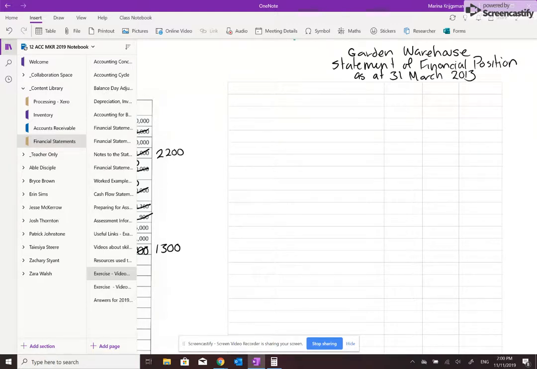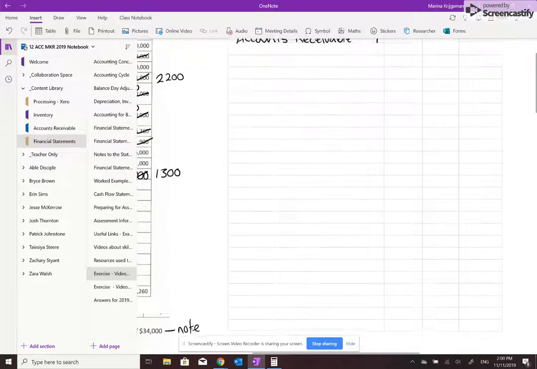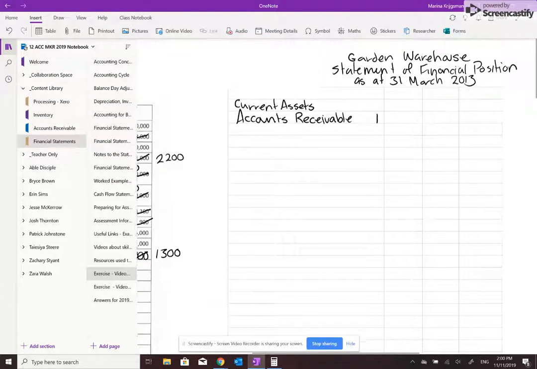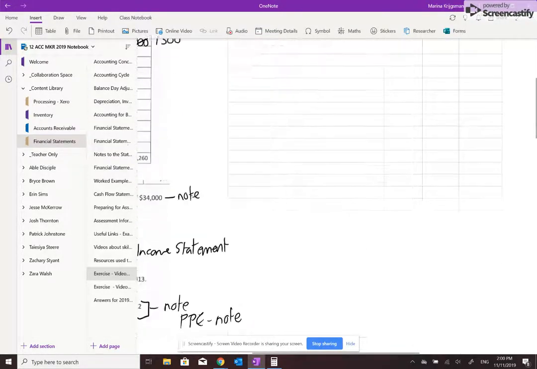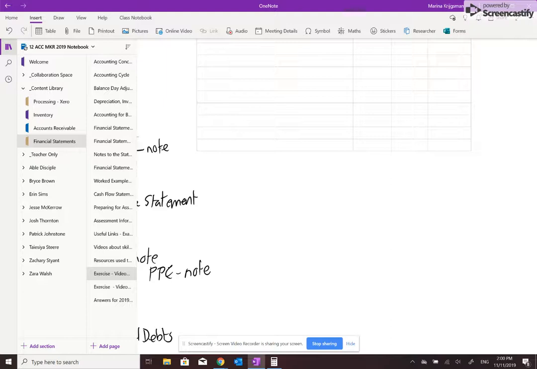Okay, so our first thing we're going to deal with is our current assets. And in our current assets, we're going to start with accounts receivable, and we're going to start with its note. Now, when we did the accounts receivable standard, we knew all about the use of doubtful debts.